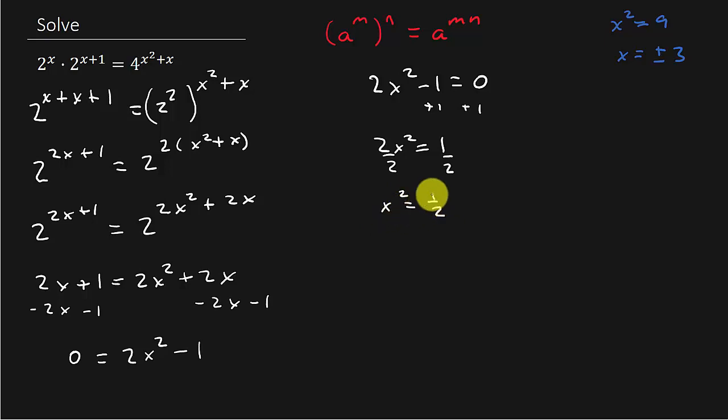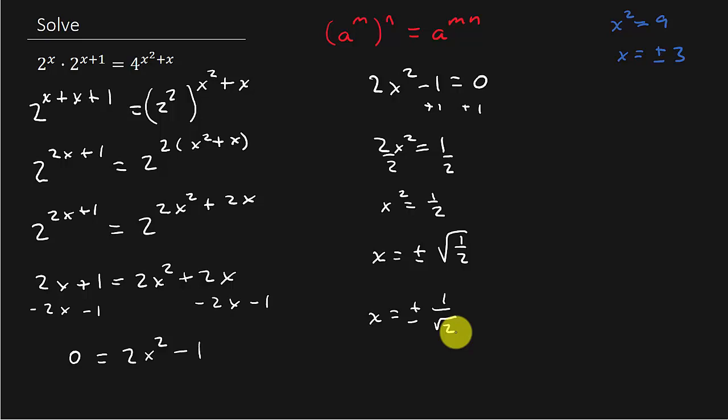And now you can see this is set up just like x squared equals 9. So I get x is equal to plus or minus the square root of 1/2. So x is equal to plus or minus, well, the square root of 1 is 1. And then the square root of 2 is just square root of 2. We can't simplify that. 2 is not a perfect square.